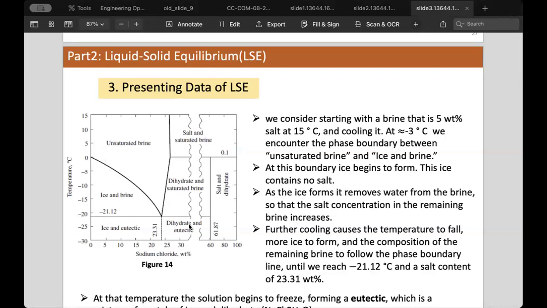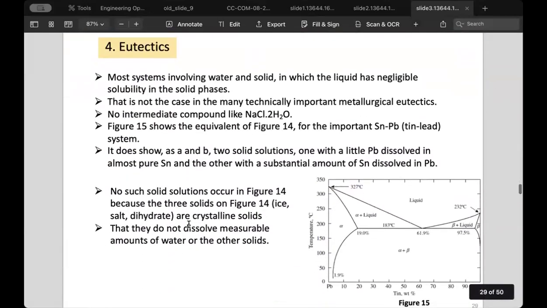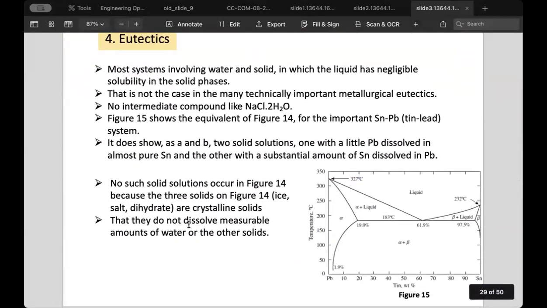Eutectic is the solid of that brine. These are also eutectic. More systems involving water and solid in which the liquid has negligible solubility in the solid phase. It's not the case here.